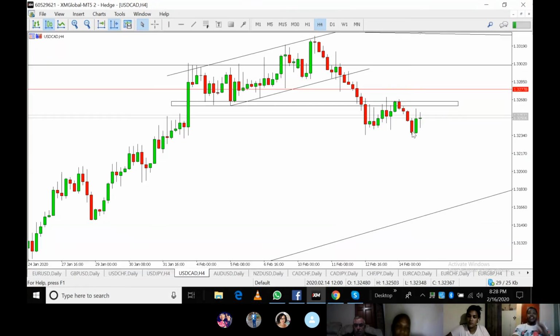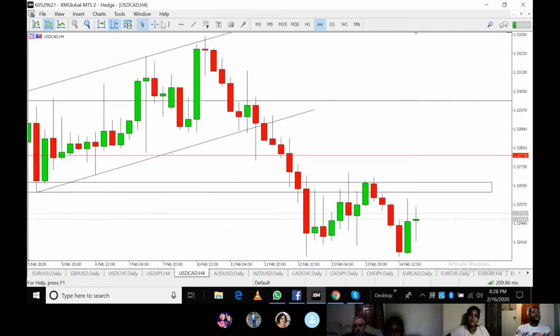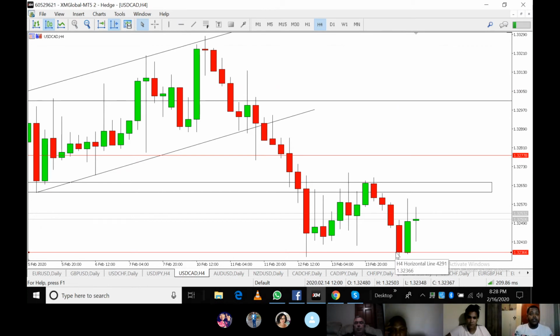Okay, so this red candle, this was a very strong bearish close, right? But right next to it, we have what is known in the forex market as a bullish engulfing. So this candle's body, let me zoom in for you here, the low of the body. I'm gonna place the horizontal line on the lowest point of the body of the red candle. And as you can see, the green candle is right there.